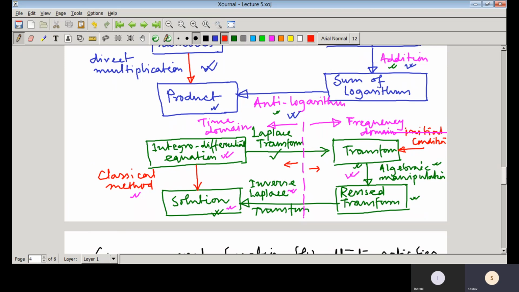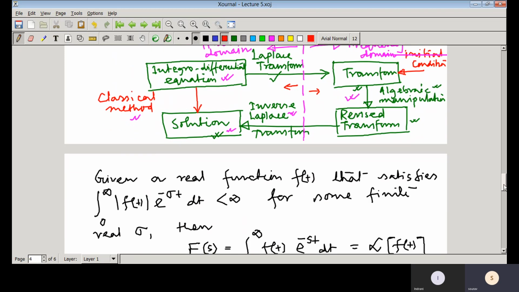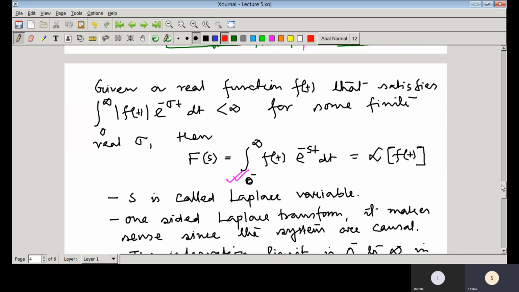Here we have pointed out the condition for which a function is Laplace transformable. And practically almost all physical signals are Laplace transformable.